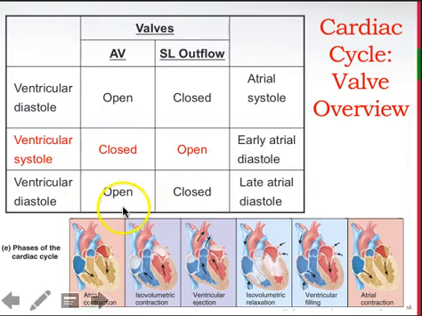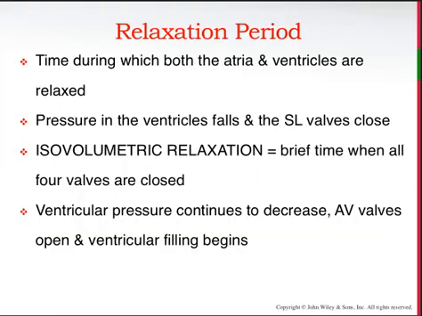The AV valves are open and the semilunar valves are closed. That's going to correlate with your images down here. Please, if you're having any trouble with what the valves are doing, or what systole and diastole mean, send me an email, post a question, catch me in office hours or whatever, and we'll talk it through.